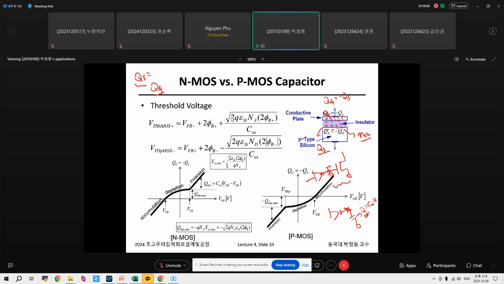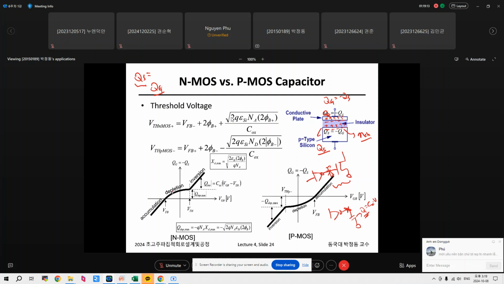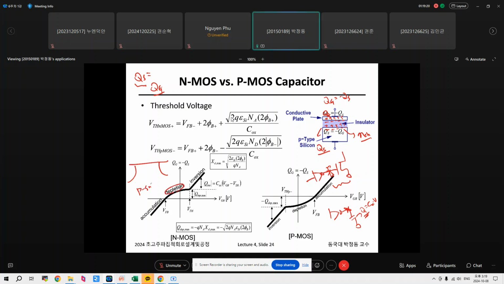So in depletion, for example, the carrier is depleted. This is a p substrate, which means the bonded charge must be negative, right?